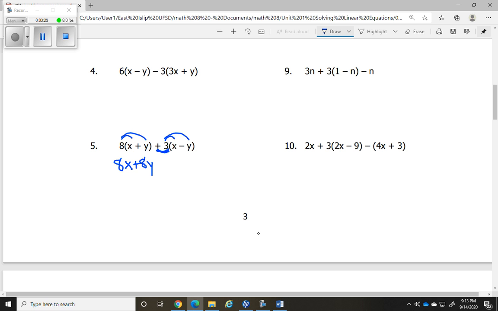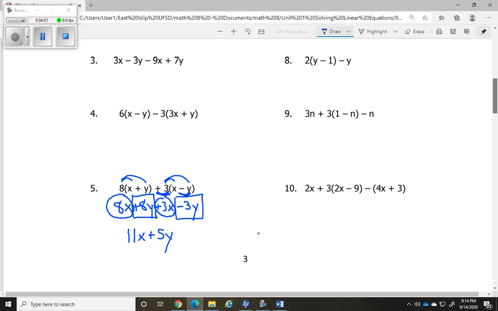So I get a positive 3x and then a negative 3y, because a positive 3 times a negative y gives me a negative answer, negative 3y. I will combine 8x and 3x to get 11x. And then I will combine 8y with a negative 3y. Positive 8, negative 3 makes a positive 5y.